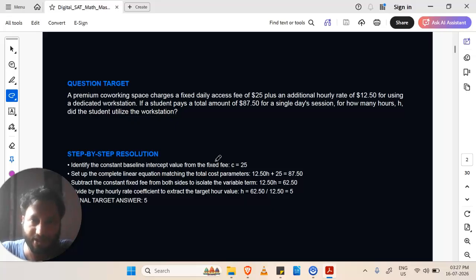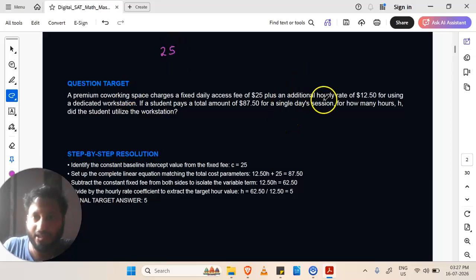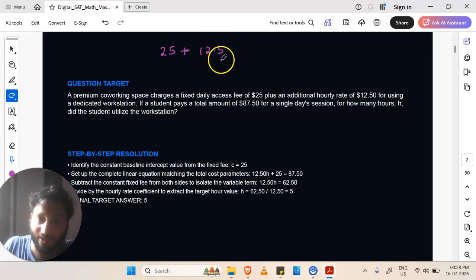See what's given: fixed daily access fee of $25. Okay, that's what is given. Additional hourly rate of 12.5 for using a dedicated workstation. There's a total fee which includes a fixed one and an hourly fee of 12.5. Means if 12.5 is for 1 hour, for h number of hours it will be 12.5 multiplied by h.